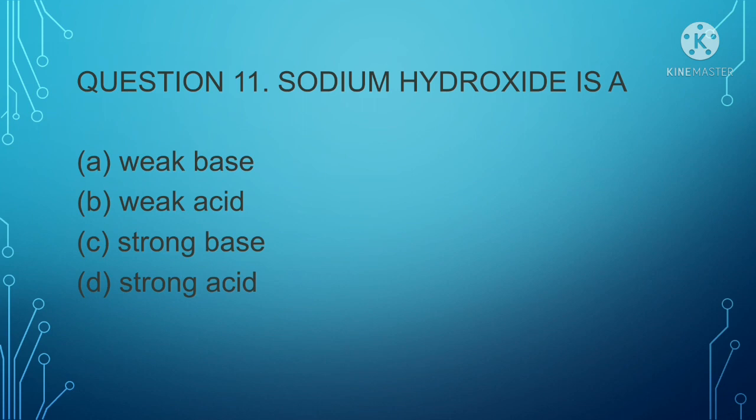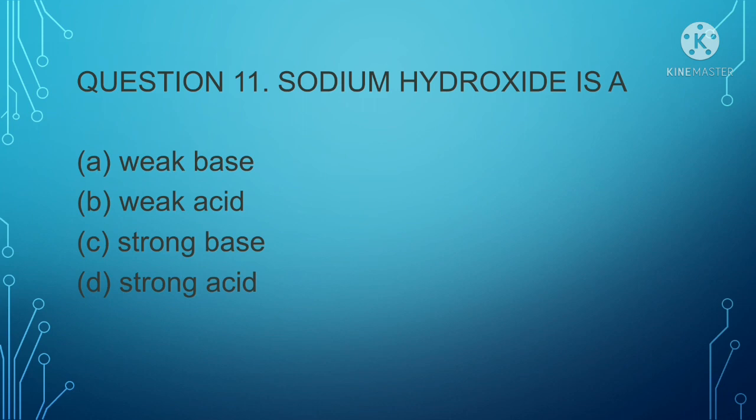Sodium hydroxide is: option A, weak base, weak acid, strong base, and strong acid. Weak acid and strong acid are not appropriate options for the given question. So you only have two choices: weak base and strong base.